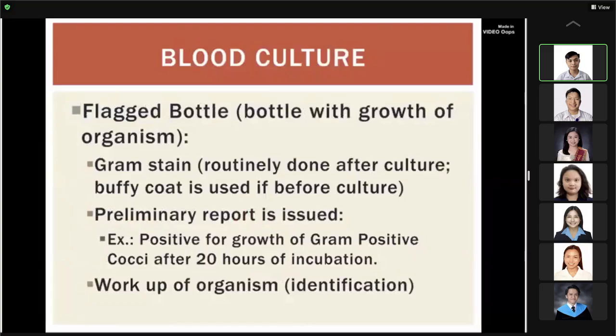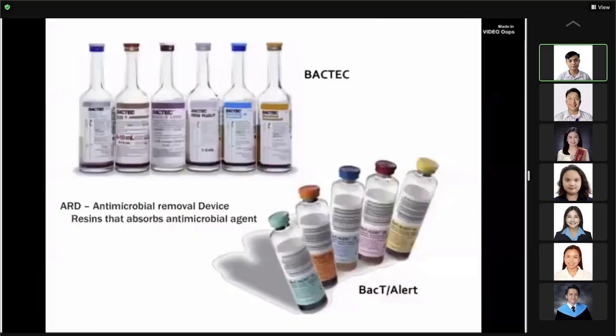So here, if there are gram-positive cocci at the 20th hour of incubation, we will say positive for growth of gram-positive cocci after 20 hours of incubation. Then we will proceed with the workup to identify the organism. So these are examples of the BACTEC bottle.